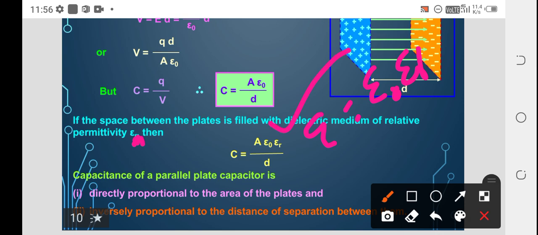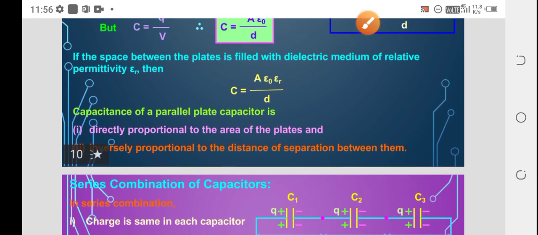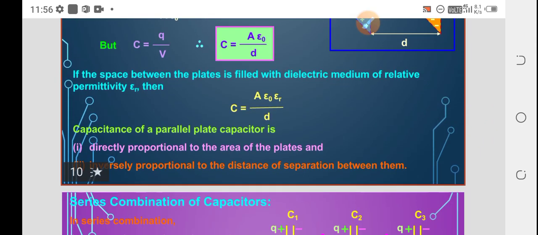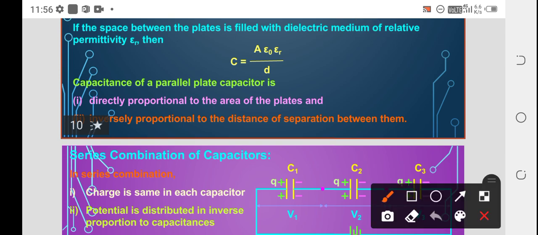So C equal to A epsilon naught epsilon r by D. What we can analyze from this equation is that the capacitance is proportional to area, and inversely proportional to the distance, the spacing.